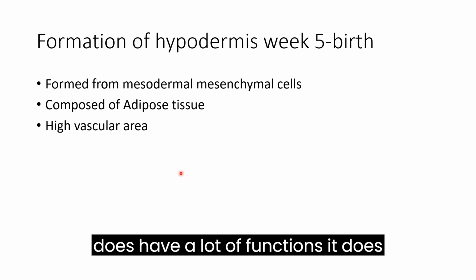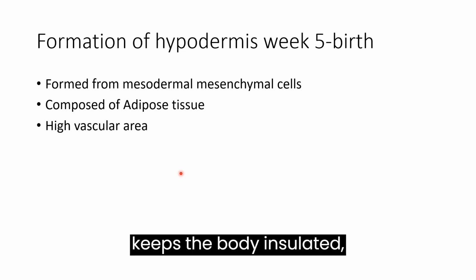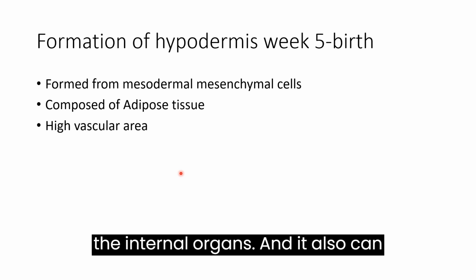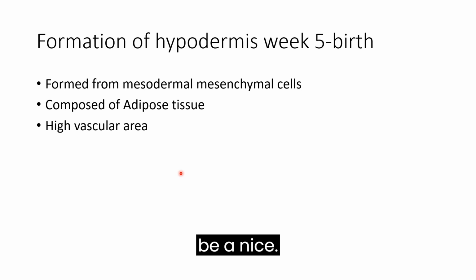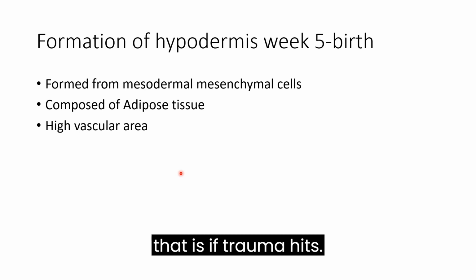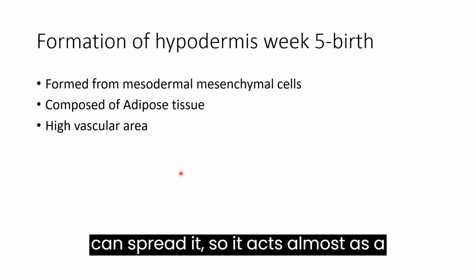And it does have a lot of functions. It does store energy. It also keeps the body insulated, so cold will not necessarily come into the internal organs. And it also can be a nice mechanical protection. What I mean by that is if trauma hits the body, the adipose tissue can spread it, so it acts almost as a cushion.